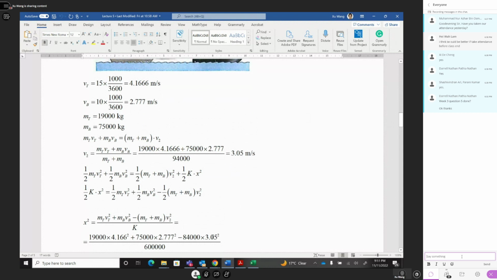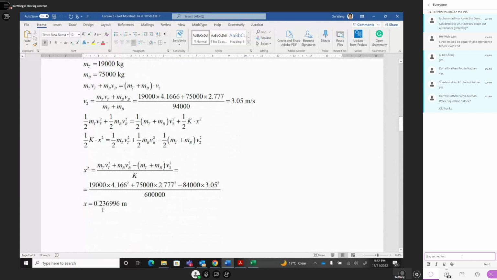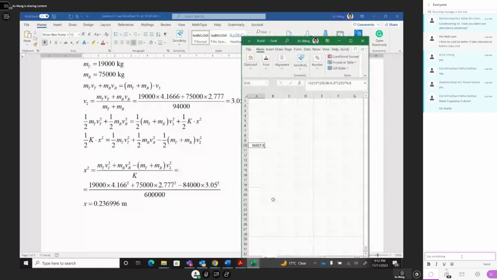V2, put it here, divided by the stiffness of the spring, and then you calculate this one and you get 0.236996 meters. We can check if it is correct or not.